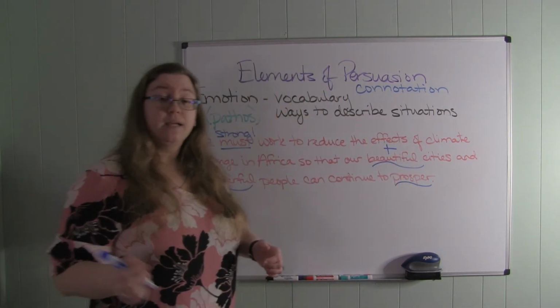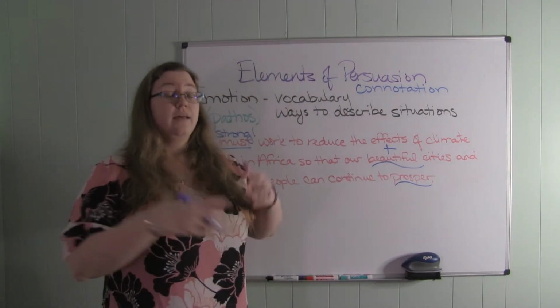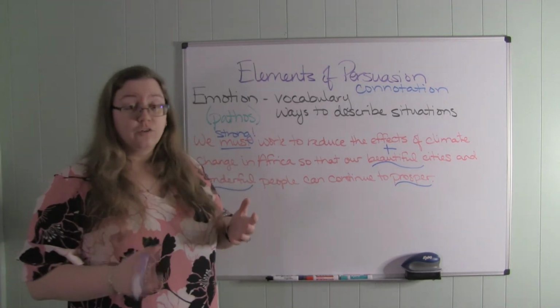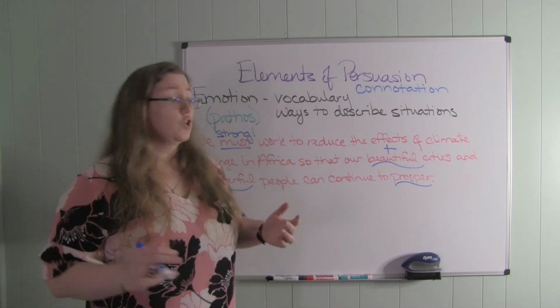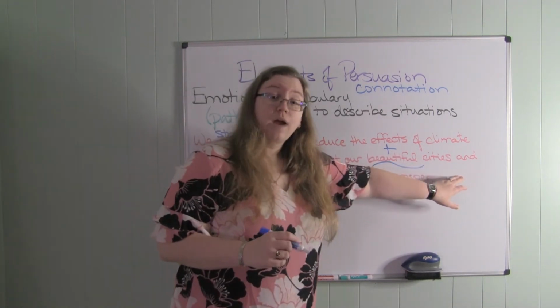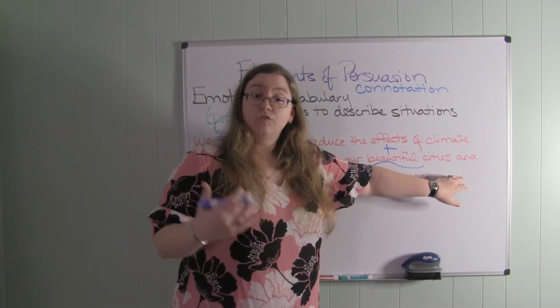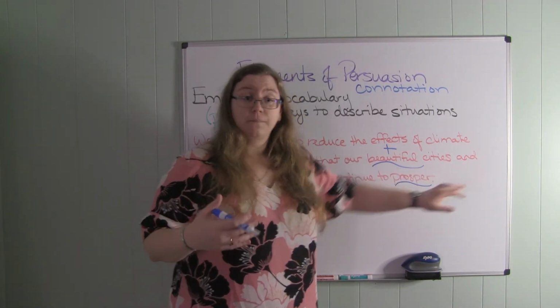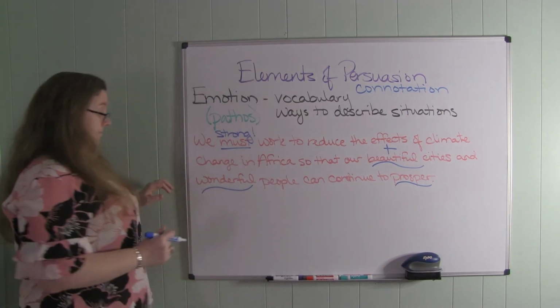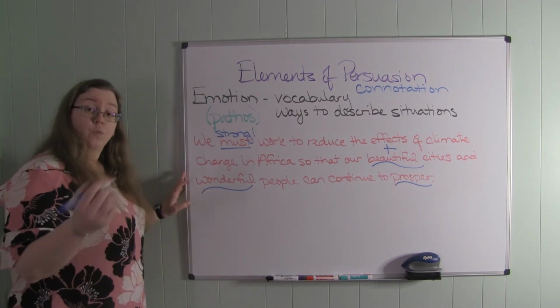Why? Because beautiful has many wonderful associations. It's pretty, it's lovely, nice to look at, and it's describing our cities. So our cities are these gorgeous, lovely places that we want to live in. Also wonderful.